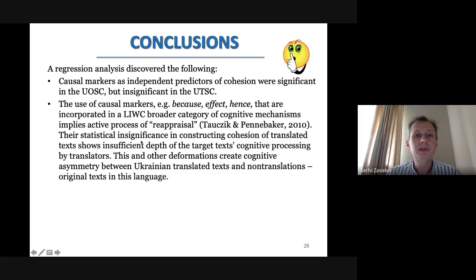So their statistical insignificance in constructing cohesion of translated text shows insufficient depth of target text cognitive processing by translators. This and other deformations create cognitive asymmetry between Ukrainian translated texts and non-translations, that is, original text in this language.